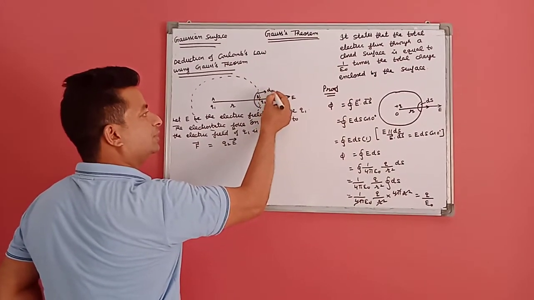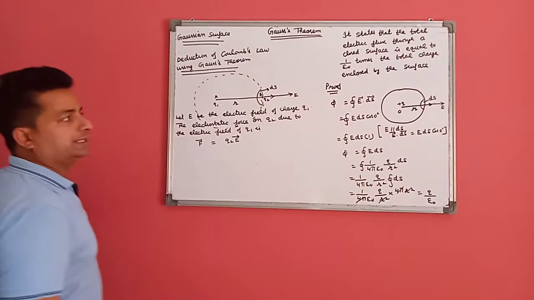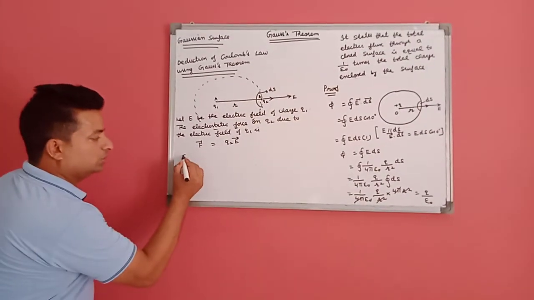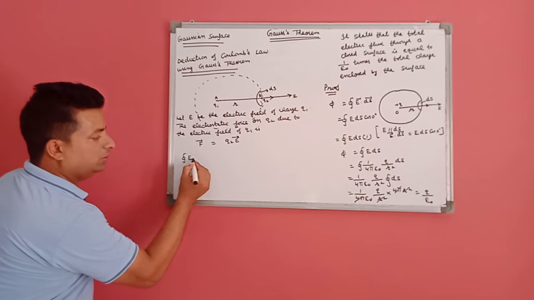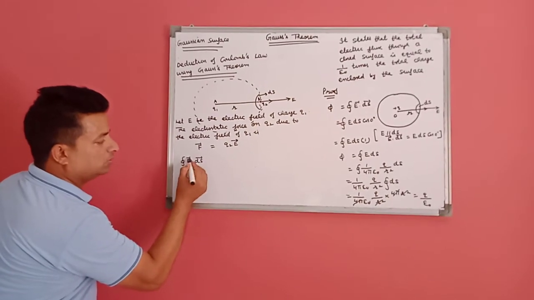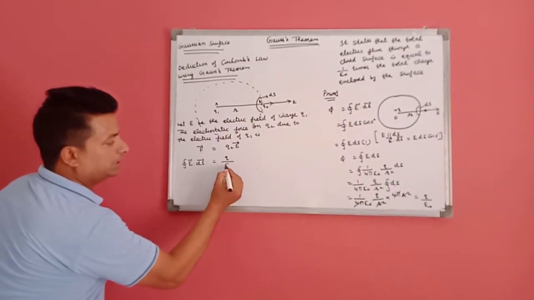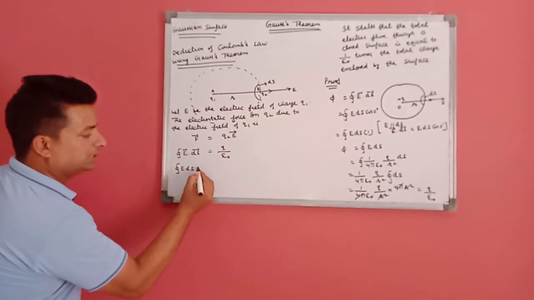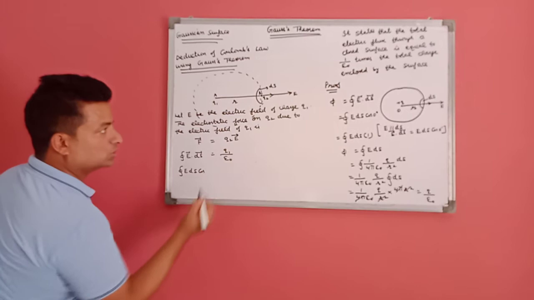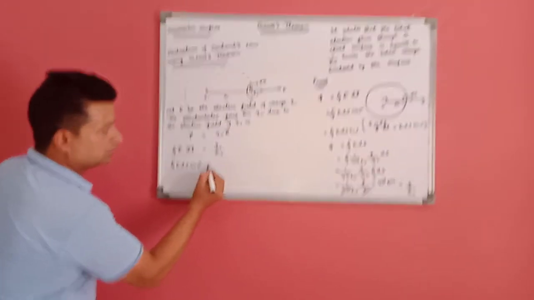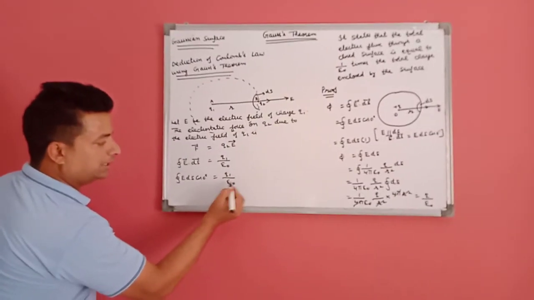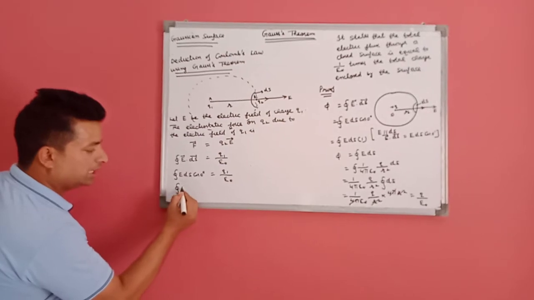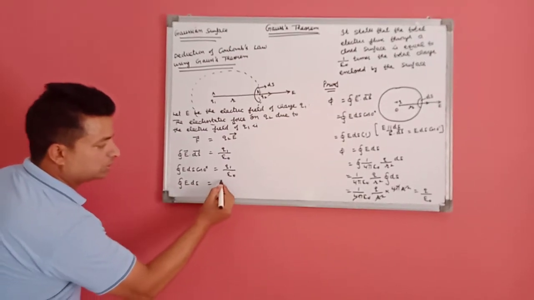According to Gauss theorem, we know closed integral E dot ds equals q by epsilon naught, where this is enclosed charge Q1. Cos 0 is the angle because E and ds are parallel to each other. As we know, cos 0 is always equal to 1.